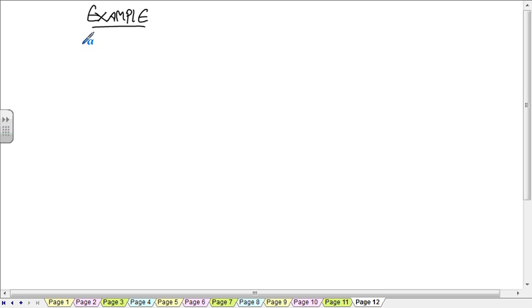if an object is rolling this way, I guess let's do it in 3 different cases.